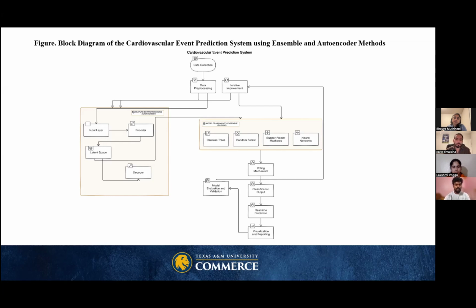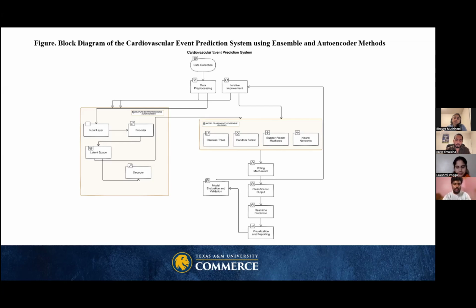And then the compressed data from the latent space is transferred to training and testing, where we are using multiple machine learning models at a time, such as decision trees, random forest, support vector machines, and neural networks. All these models are trained in parallel, not one at a time.